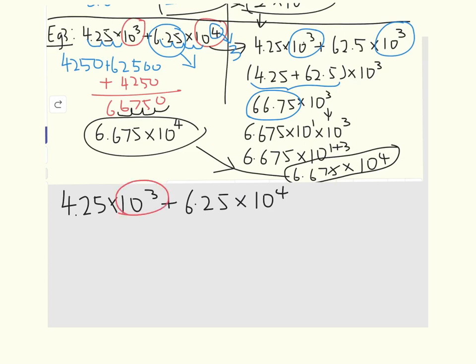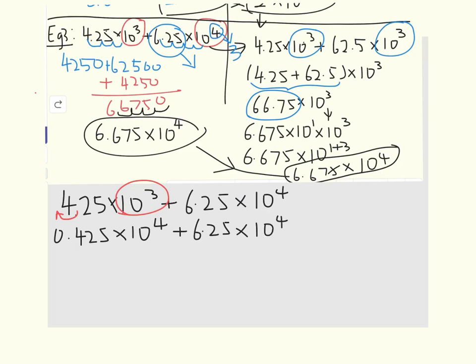So for this number, when you increase the power by 1, you will have to reduce the coefficient by 1 decimal place, so divide by 10. So you end up with 0.425 times 10 to the power of 4 plus 6.25 times 10 to the 4th.